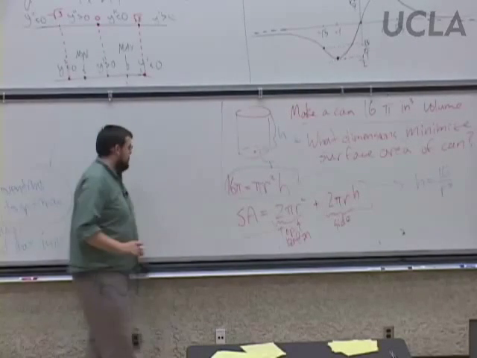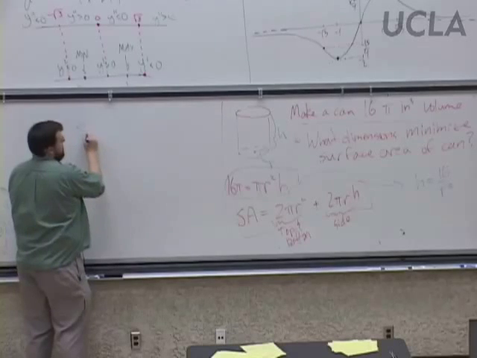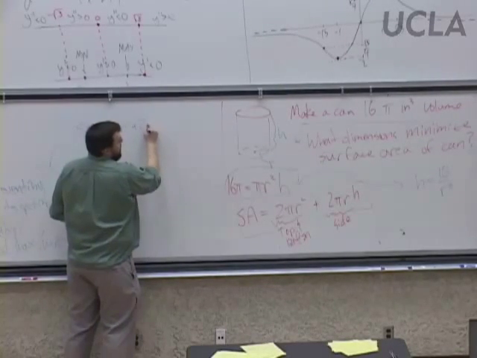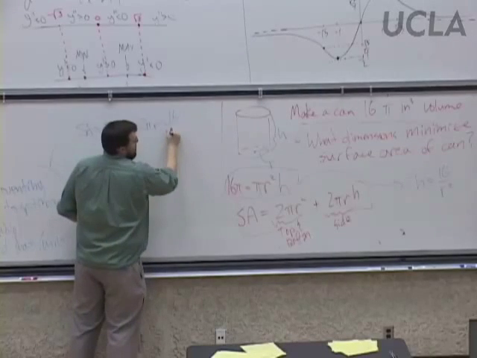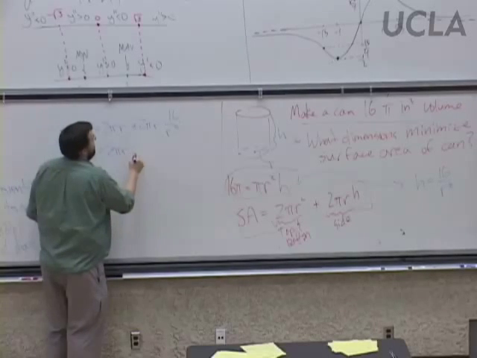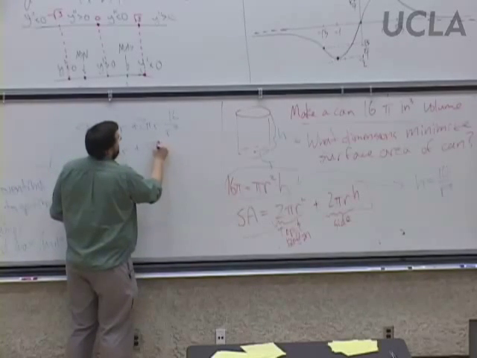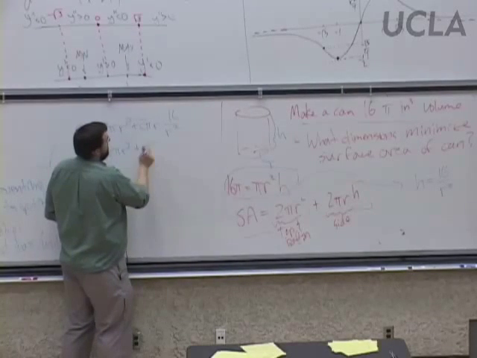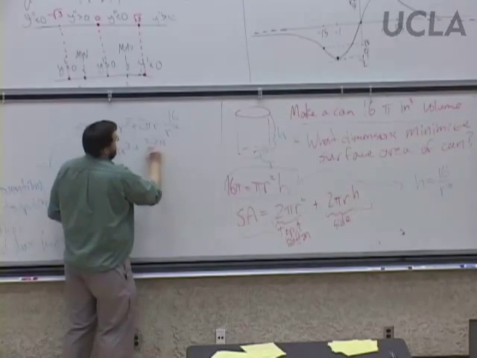And we get that the surface area is 2 pi r squared plus 2 pi r times 16 over r squared, which is 2 pi r squared plus 32 pi over r.